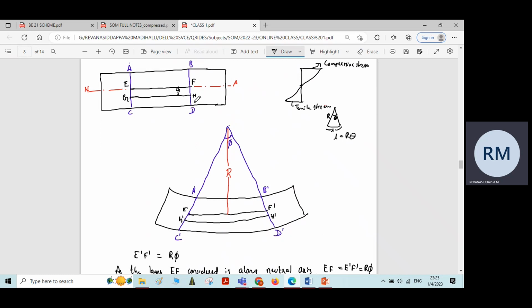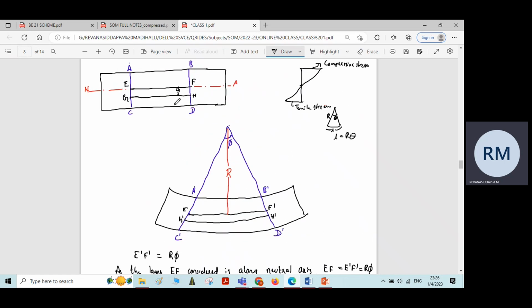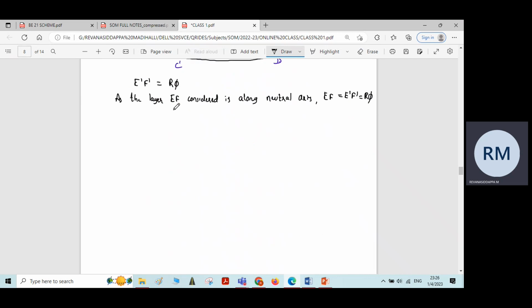Now in the next step, we will measure the strain in the length GH. Obviously, whatever the layer GH we have considered, it is not along the neutral axis. Definitely, there will be some strain happened to the layer GH. Now, let us measure the strain in the layer GH. Strain in layer GH is equal to, so we know that strain is nothing but the change in length divided by original length.